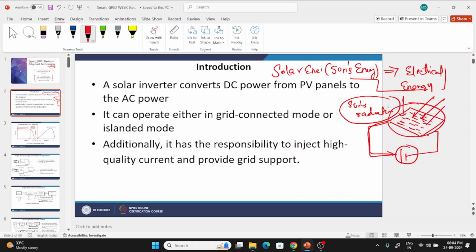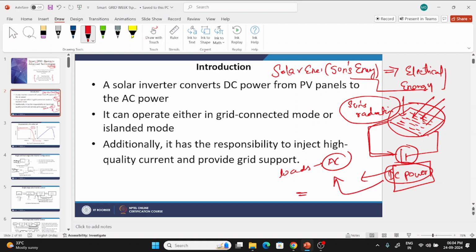Actually, this solar energy is DC power, and as we know, in our household or industrial usage, generally the loads are AC. So in order to use this DC power, we have to convert it into AC.